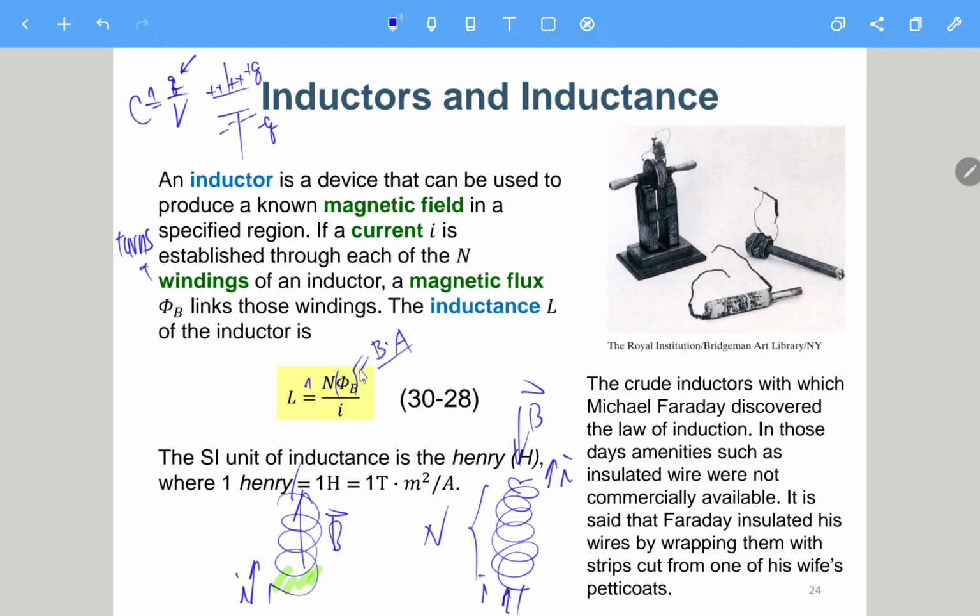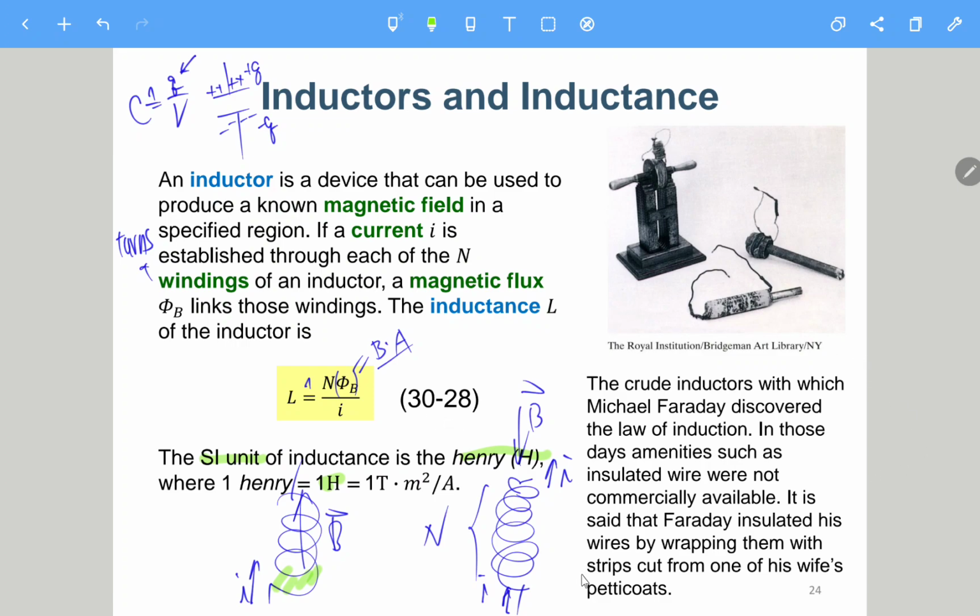So if we divide this flux by the current, it should be the definition of the inductance. And one important thing is that the SI unit for the inductance is called Henry. Henry, H, 1 H is 1 Tesla meter square per ampere. So Henry is the SI unit for the inductor.